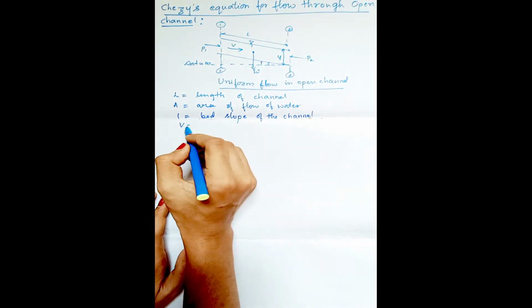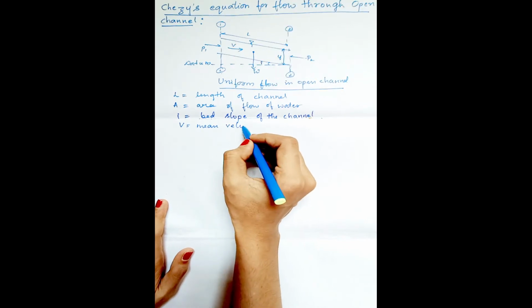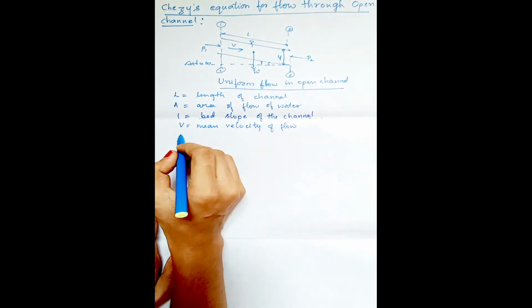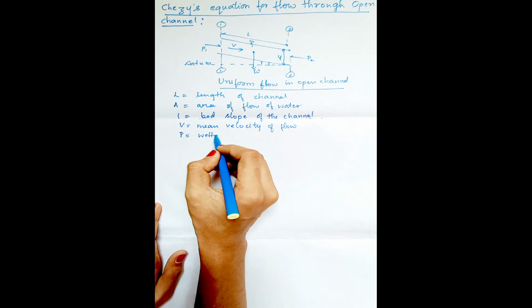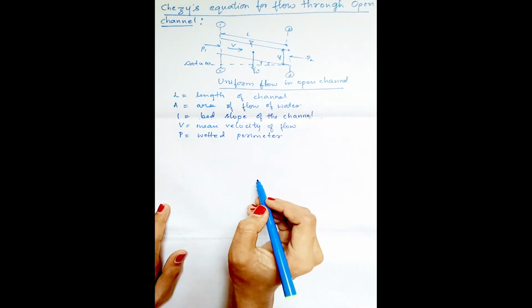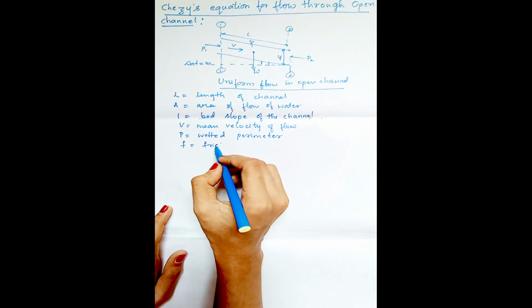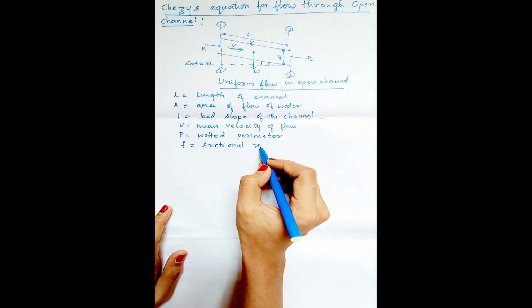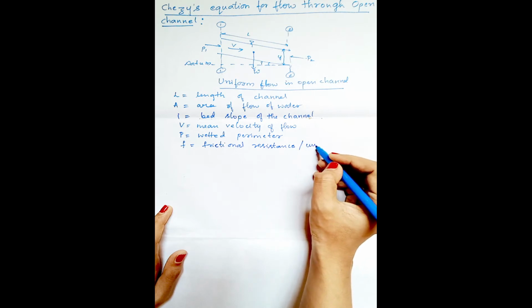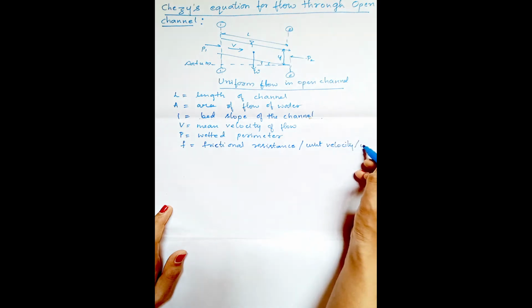V is the mean velocity of flow of water, P is the wetted perimeter, and f is the frictional resistance per unit velocity per unit area.